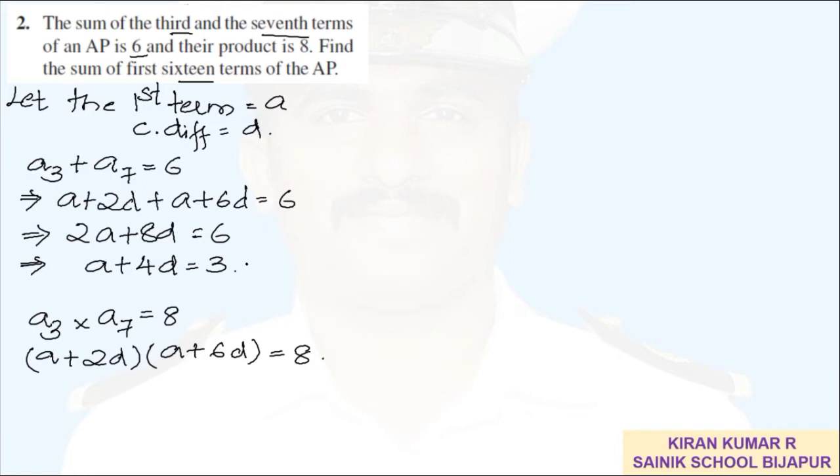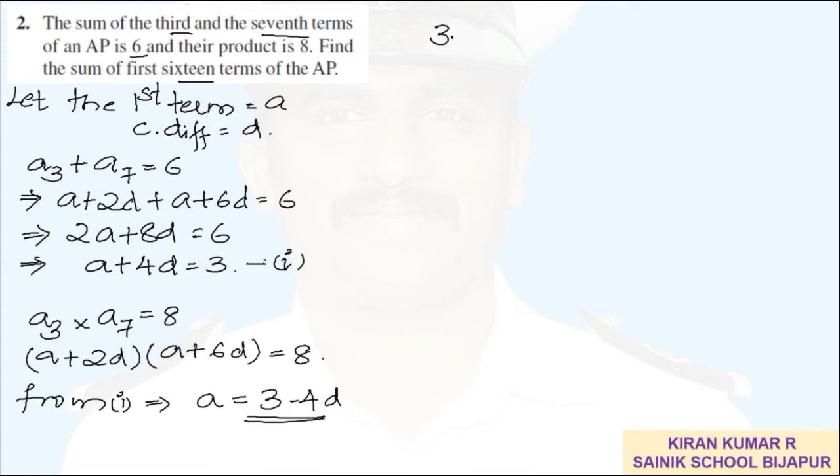Look at this equation 1. From equation 1 we have A value equal to 3 minus 4D, so that I can substitute where A is there as 3 minus 4D.